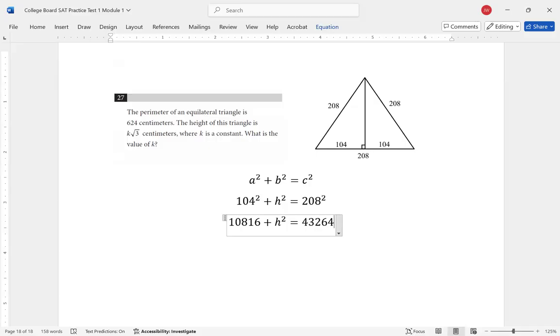So when I subtract 10,816 from both sides, I'd get that my height squared is equal to 32,448. That means the height is the square root of that. And because height is a distance, we have to take the positive square root of that.